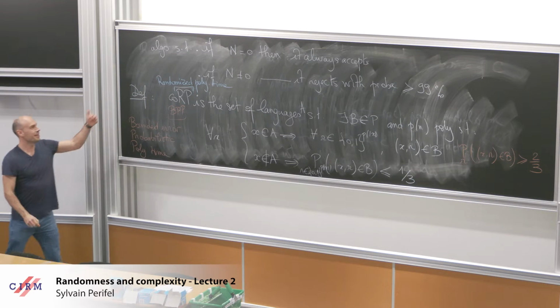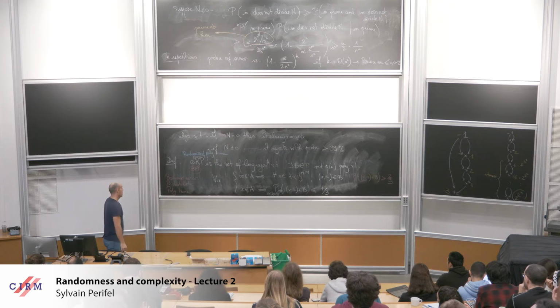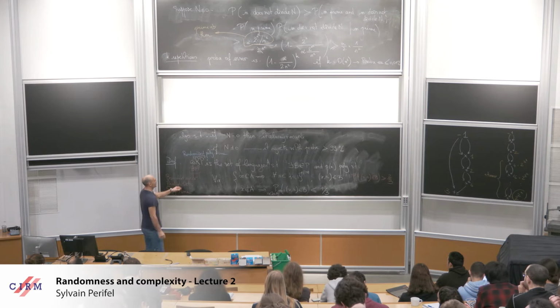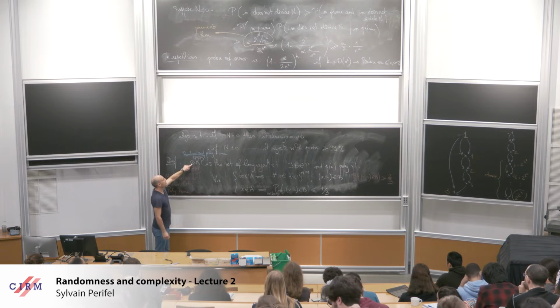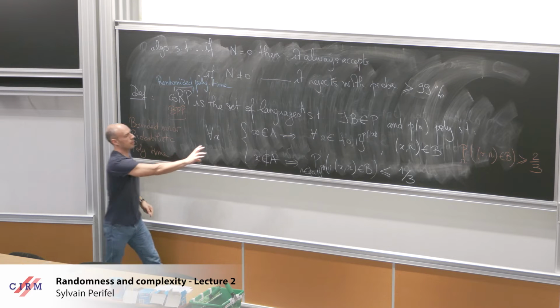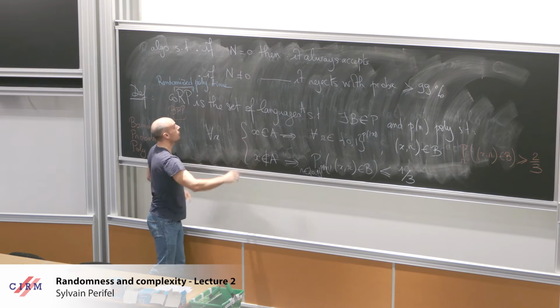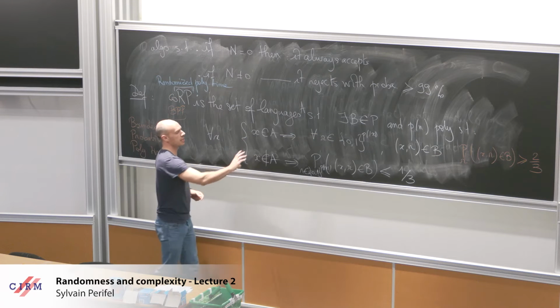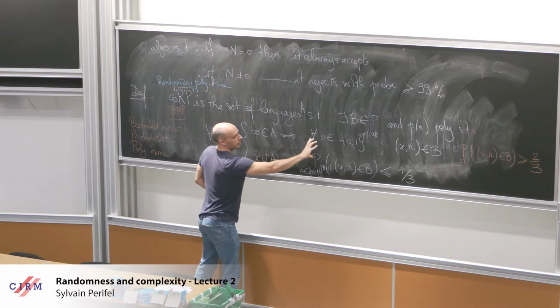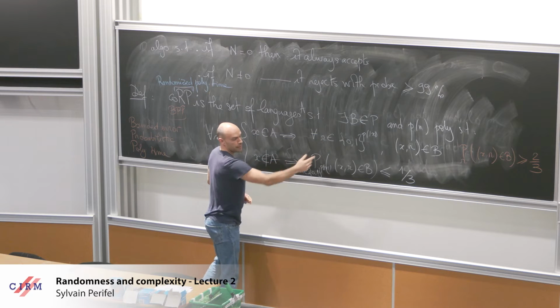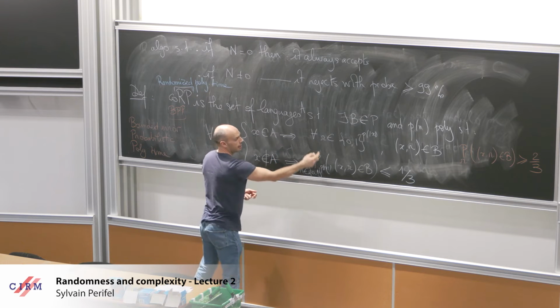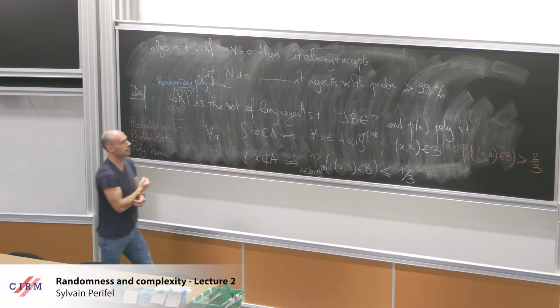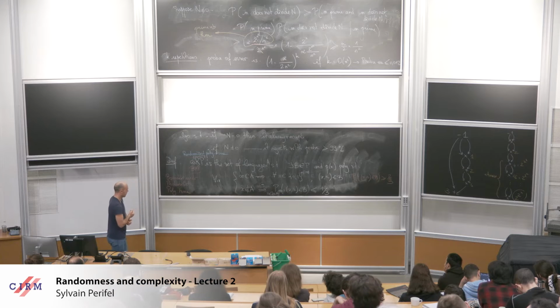I don't know why there is such a difference in the notations, but anyway. And the co here means that we are just shifting the two conditions for the class RP, which is also a class. We just shift the probability of error here and the acceptance here. Anyway, it doesn't matter.